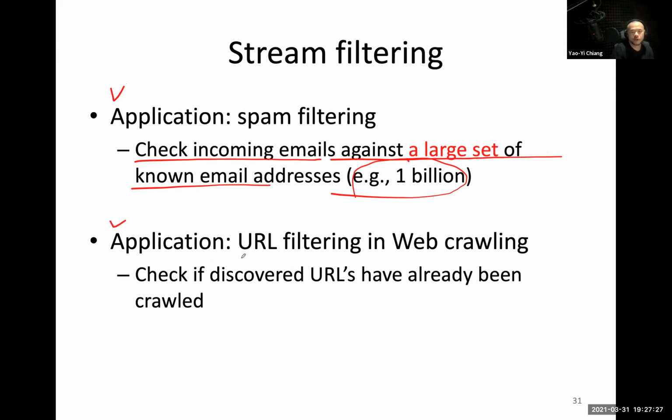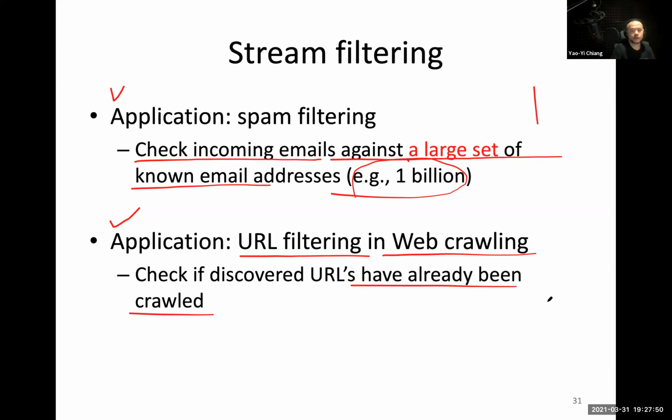Or you have URL filtering when you do web crawling, right? You have a large database with 1 billion or several hundred million URLs already, and you want to check if the newly discovered URL has already been parsed. And if it's already been parsed, you just throw it away, you skip that URL.